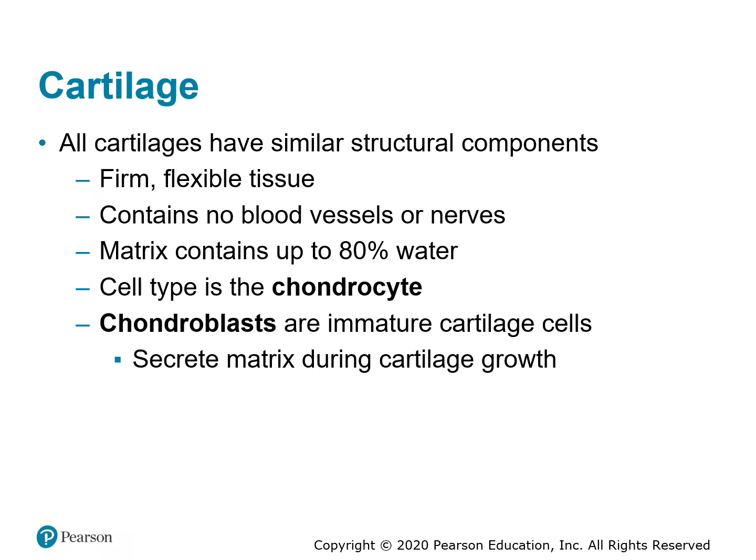Okay, cool. So now we've done all of connective tissue proper. Connective tissue proper, and that has its loose and dense and all three of its variations. Now we are getting into cartilage. Okay, cartilage, like the connective tissue proper, all cartilages will have some similar structural components.